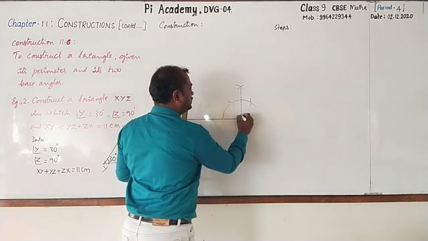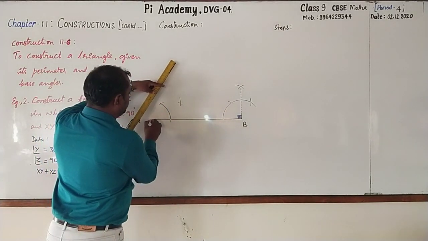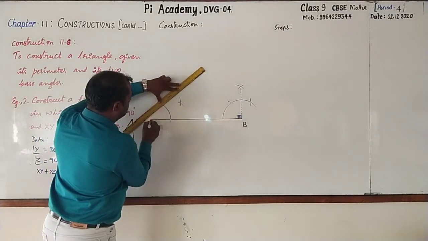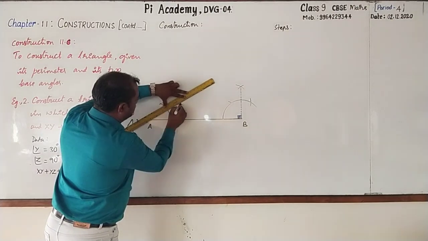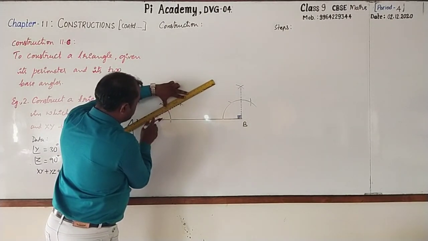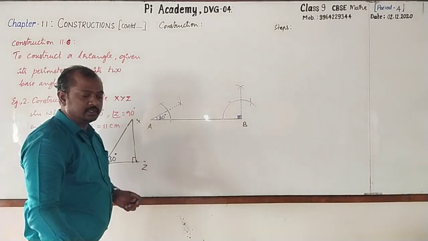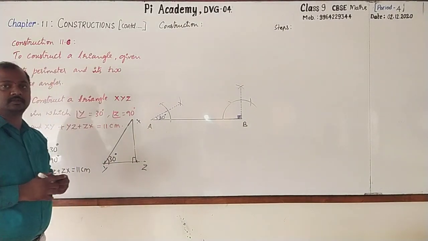It is 90 degree. Then at A, we have constructed 30 degree. So these are the given angles.